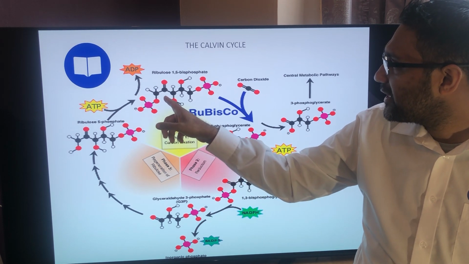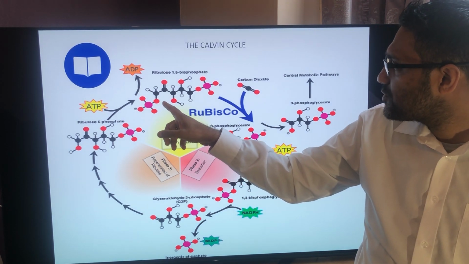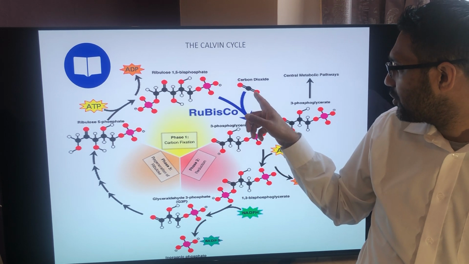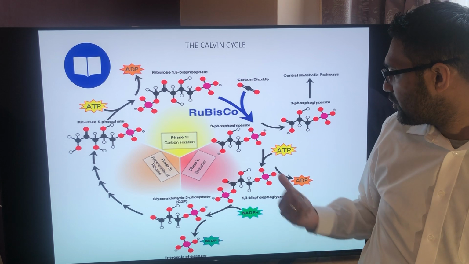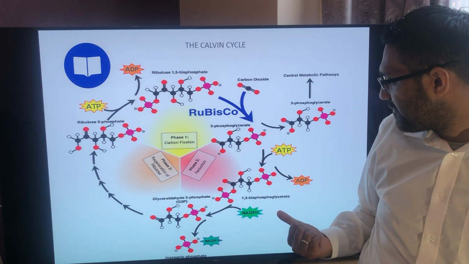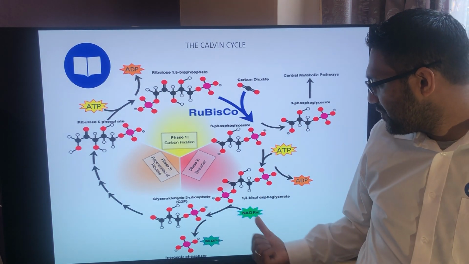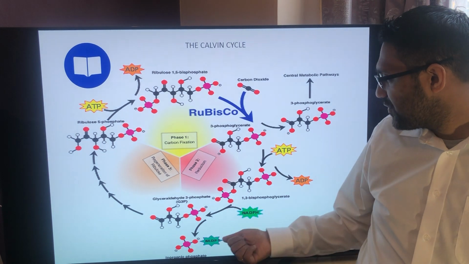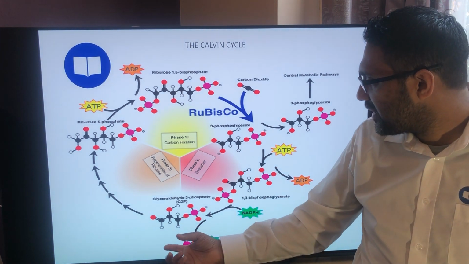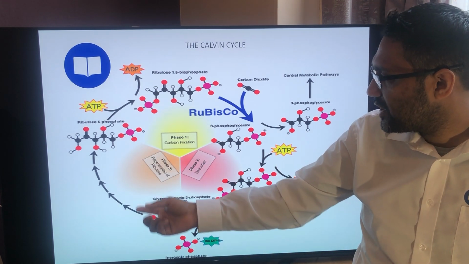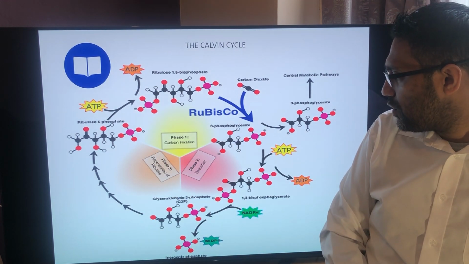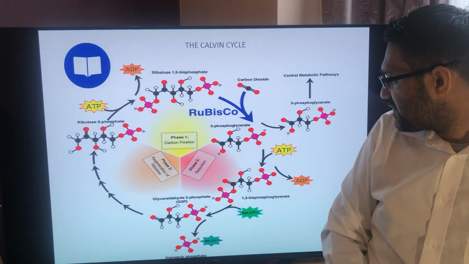That's your RuBP, ribulose bisphosphate, which joins on with this carbon molecule, then splits into 2 lots of 3 carbon molecules, your 3GPs. You've got ATP there, and your reduced NADP, which is going to turn them into your TP, and then your TPs are going to turn back into your ribulose bisphosphate.